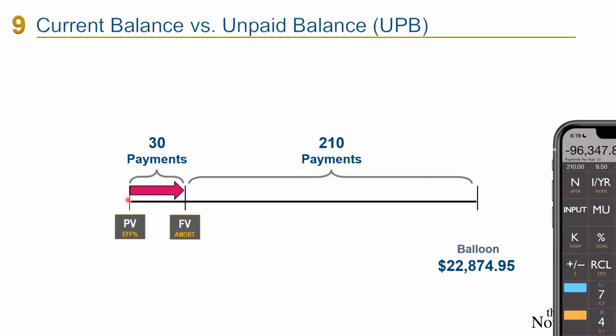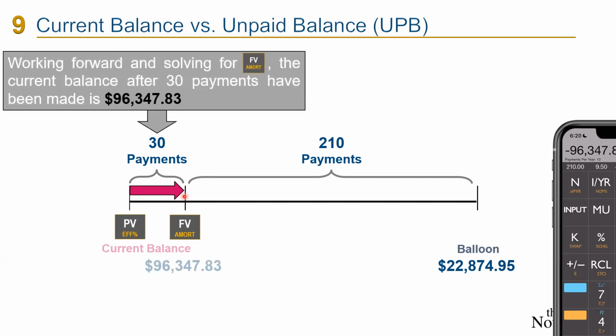PV is when we lent the money. And we are measuring to this point here on the timeline. 30 payments have been made. And so if we work forward and we solve for FV, the current balance after 30 payments is $96,347, right?